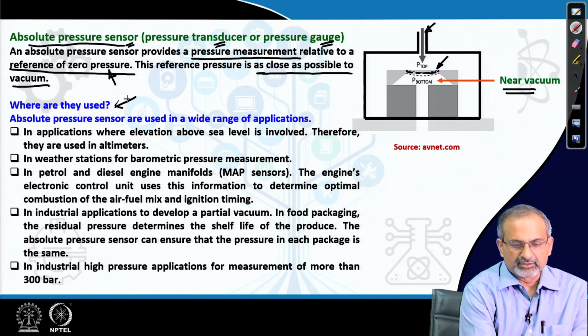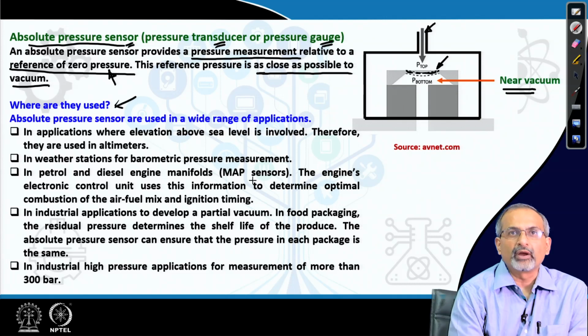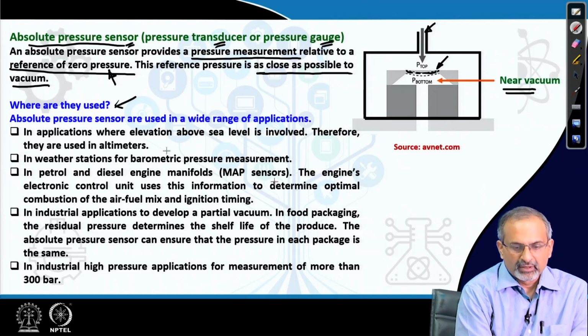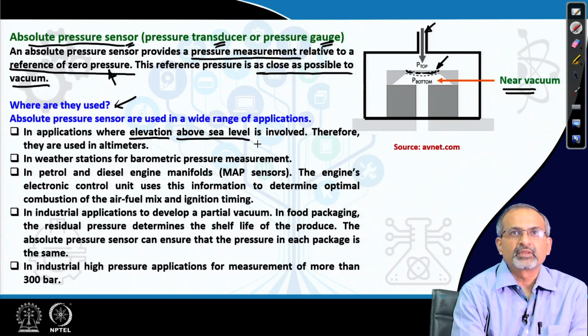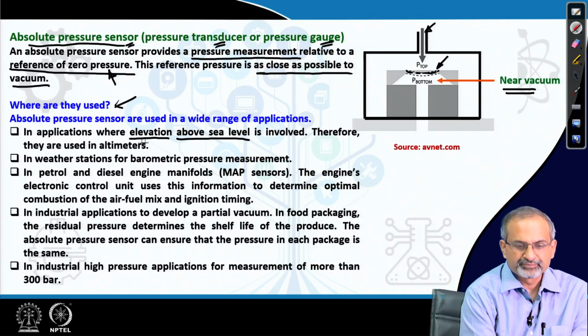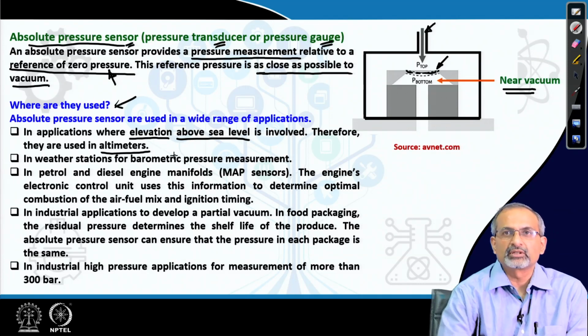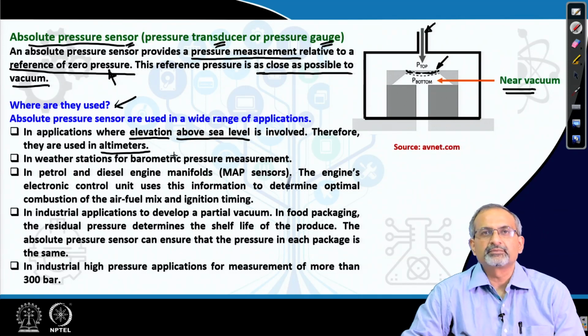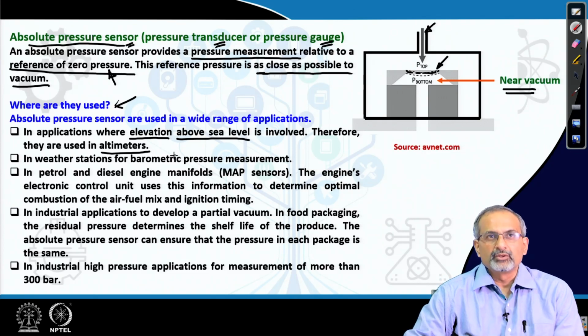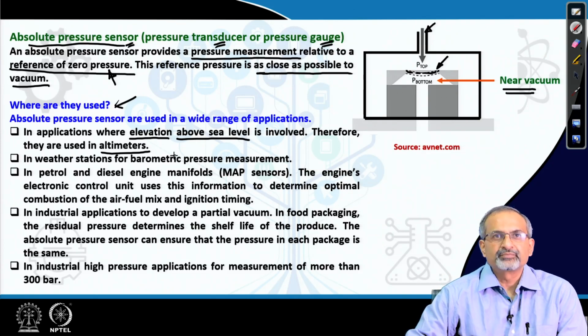Where are these sensors used? There are a wide range of applications, starting from aerospace to other applications. Wherever you are talking about elevation above sea level, the preferred choice would be an absolute pressure sensor. Therefore, in altimeters, where you can figure out the altitude of say an aircraft, you use absolute pressure sensors.